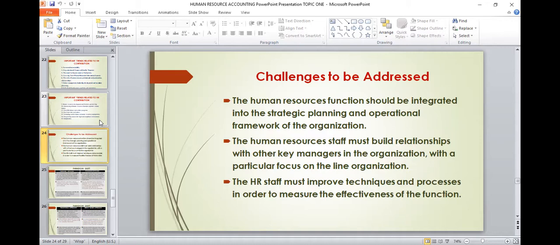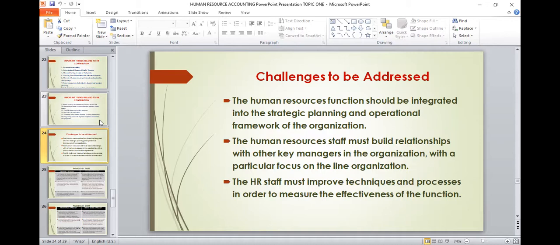Actually, there are two constants. Change is something that is always constant, and we can never avoid it. So we have to embrace this, and we have to ensure that we integrate ourselves. We have to be integrated into planning. HR must build relationships.